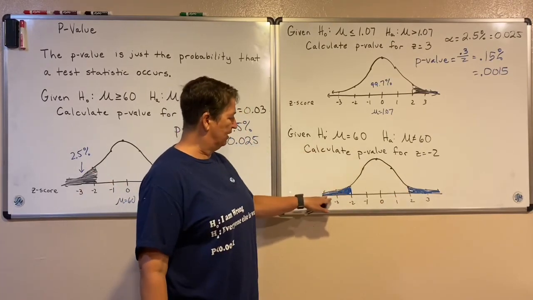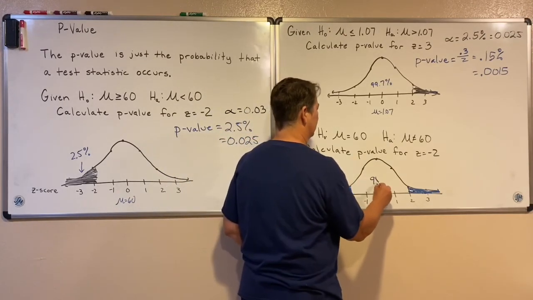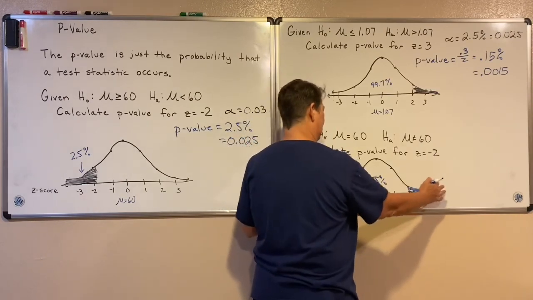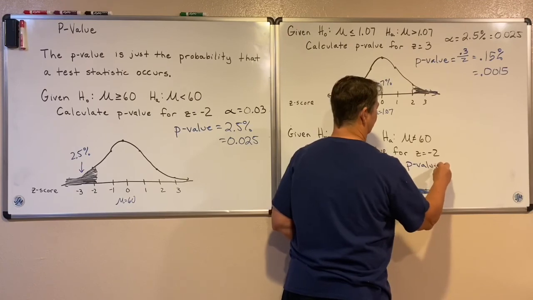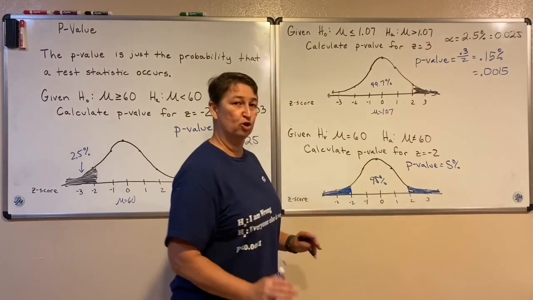Well, that probability out 2 standard deviations, we know there's 95% of my data in here. And so subtract that and you got 5%. So my p-value this time is 5%. Notice that I'm not splitting it in half this time because I'm looking at both ends.